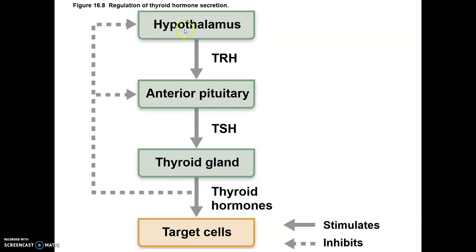So if we see here, the hypothalamus is releasing thyrotropin releasing hormone to the anterior pituitary. The anterior pituitary is releasing thyroid stimulating hormone, which causes the thyroid gland to produce thyroid hormone, and thyroid hormone binds to the target cell. As the level of thyroid hormone increases in the blood, it will inhibit the hypothalamus and the anterior pituitary, and that is negative feedback.